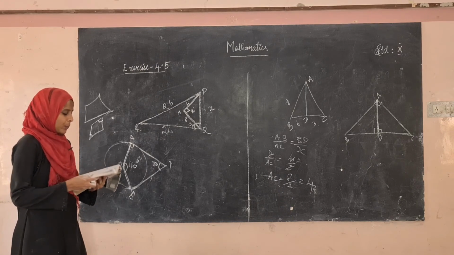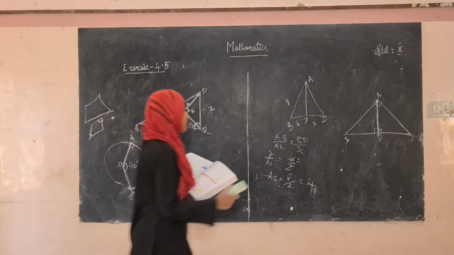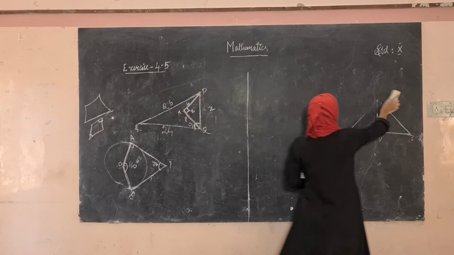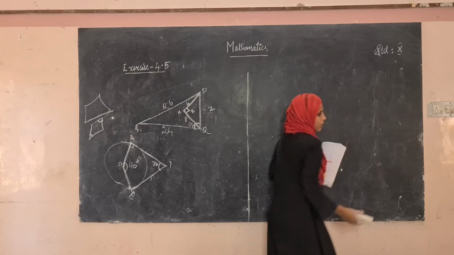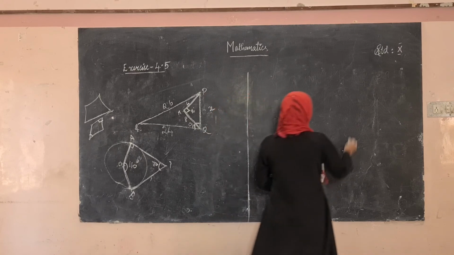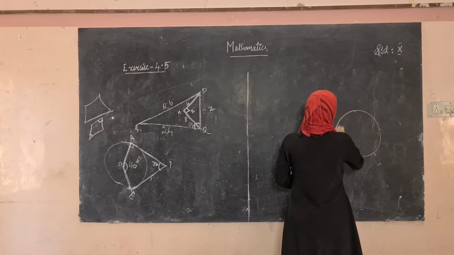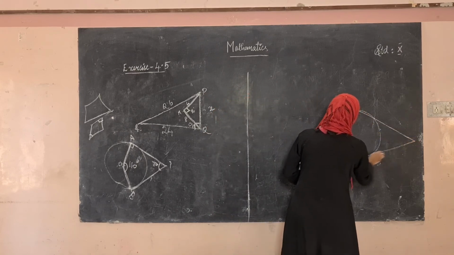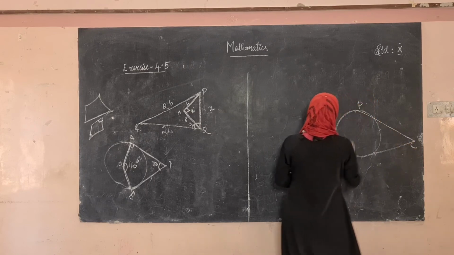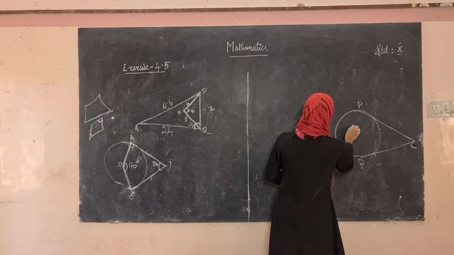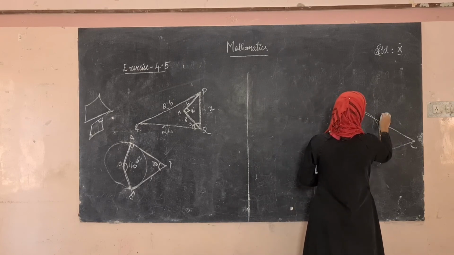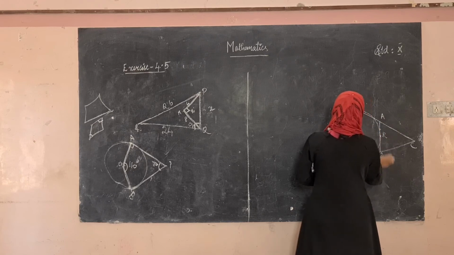In the figure, the figure is given like this. So it's a triangle. This is a point C, this is P, this is Q, and this is R. From this they are drawing a tangent AB.